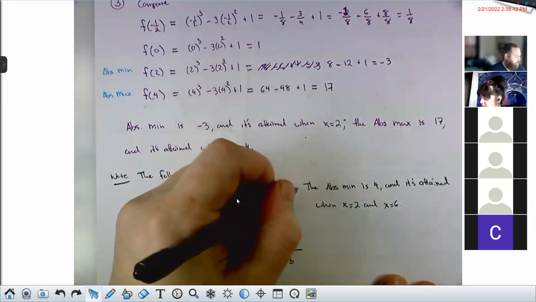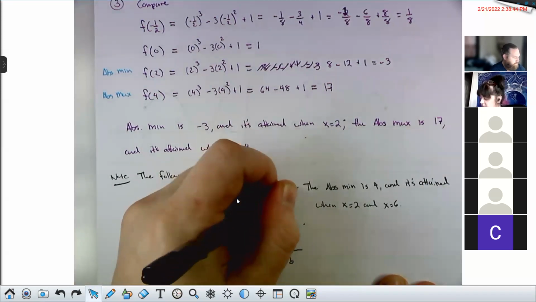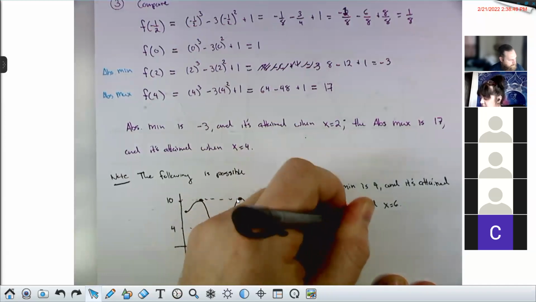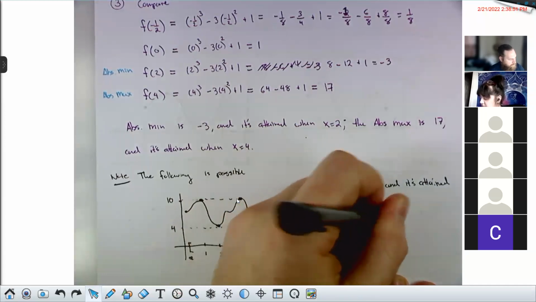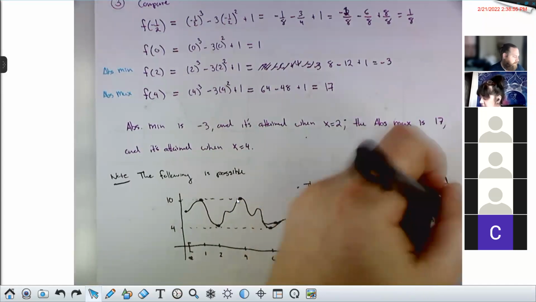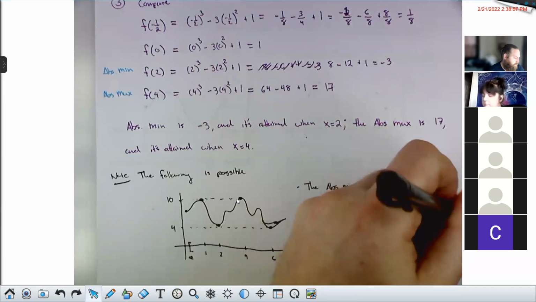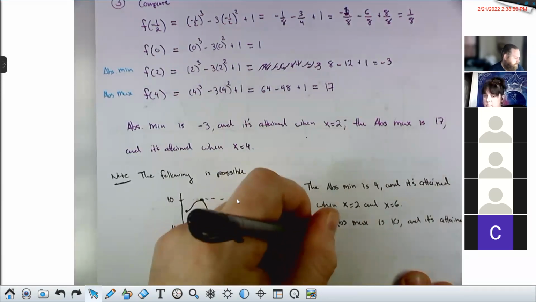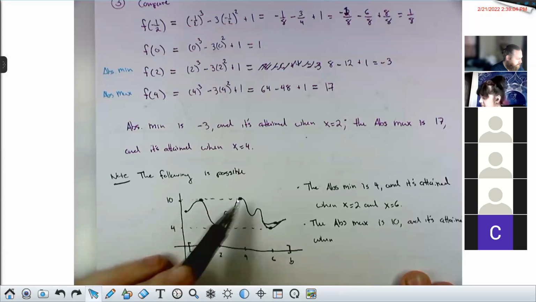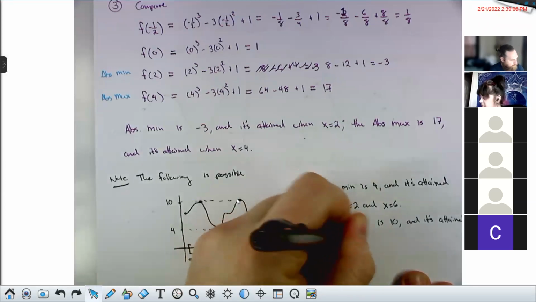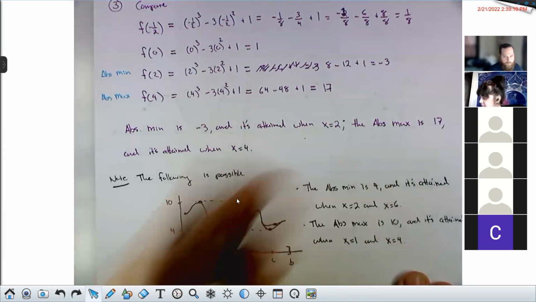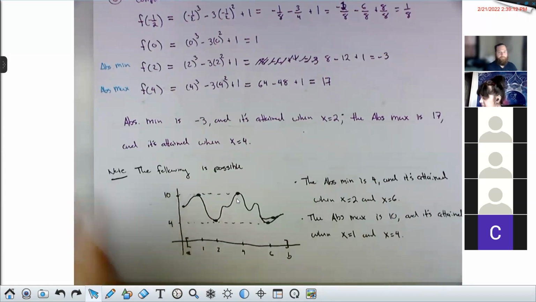And similarly, the absolute max is 10, and it's attained when x is equal to 1 and 4. So something like that certainly can happen.